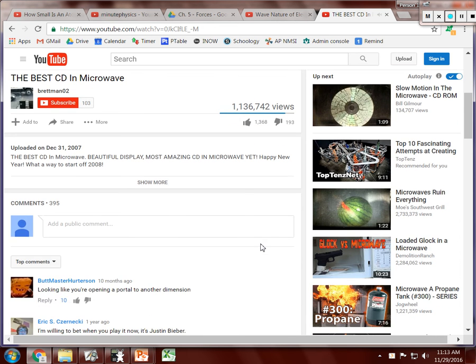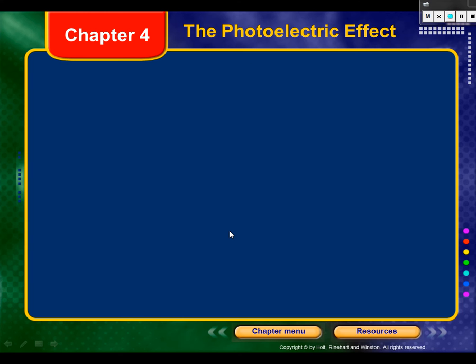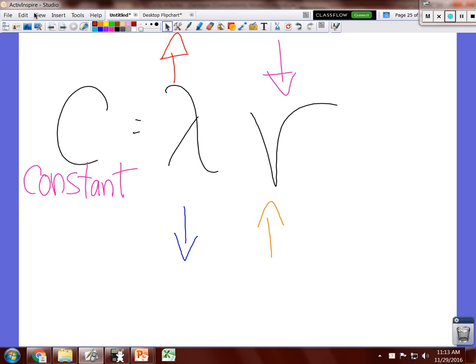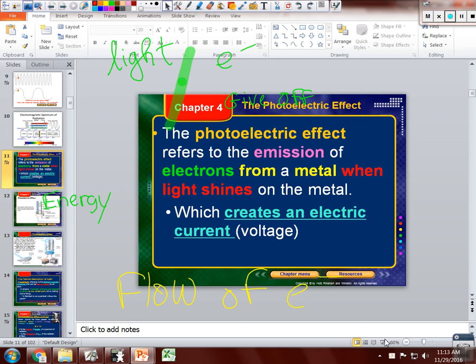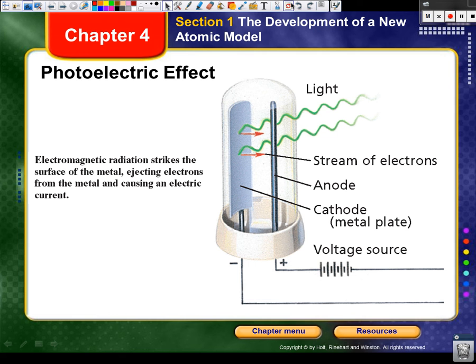It will catch on fire if you leave it in there too long. But again, go back to this. You've got to remember that microwaves are a form of light energy that you just can't see. So that aluminum foil in a microwave is a perfect example of this.